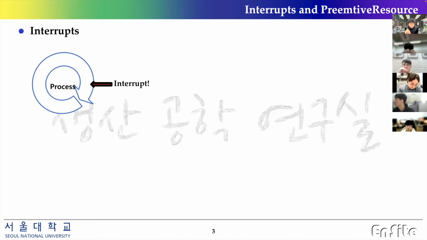By using this interrupt function, we can stop a process that is in progress. As shown in this figure, when an interrupt of SimPy occurs, by using the except statement, the event is stopped at the point where the interrupt occurred.